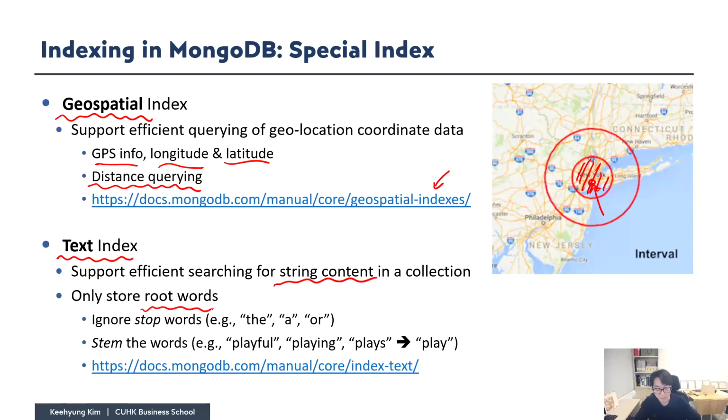What it means is, let's say you have a text field that contains a sentence or paragraph. It will ignore all the stop words, like the, a, or. Those words that don't carry any meaning will be ignored. It also provides stemming of words, so when you have words like playful, playing, plays, they can be translated into play. So it provides some natural language processing features, which is pretty nice.